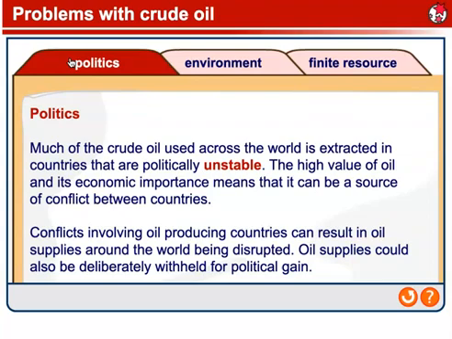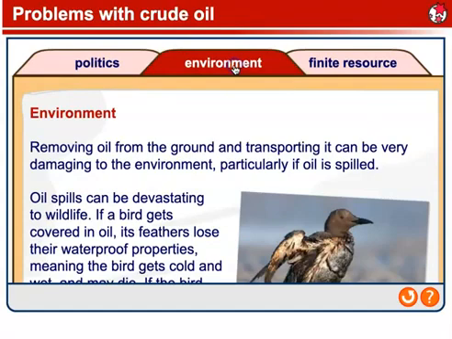The high value of oil and its economic importance means that it can be a source of conflict between countries. Conflicts involving oil-producing countries can result in oil supplies around the world being disrupted. Oil supplies could also be deliberately withheld for political gain.